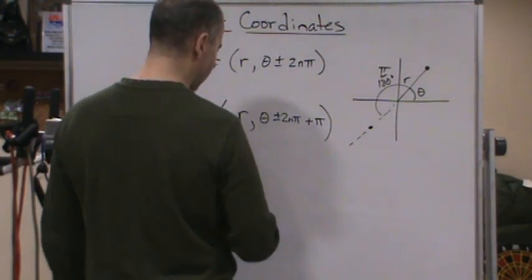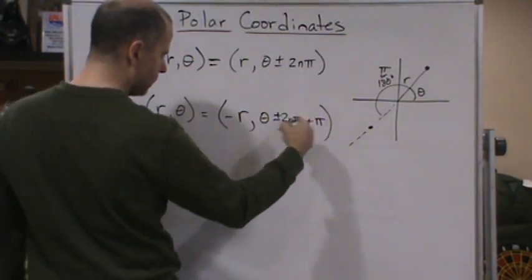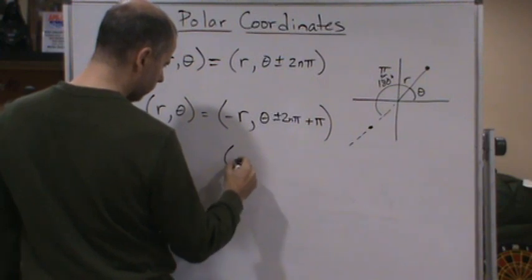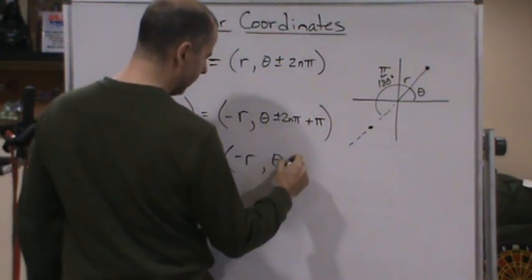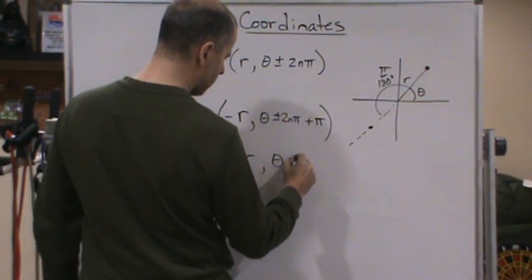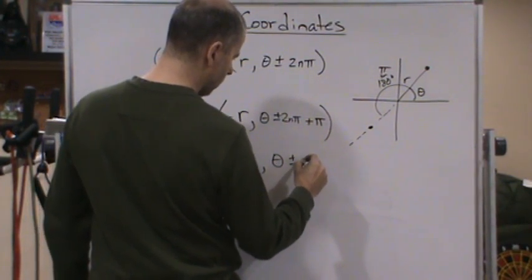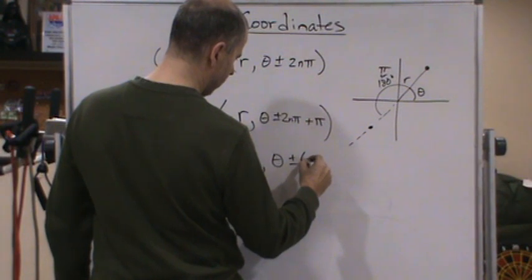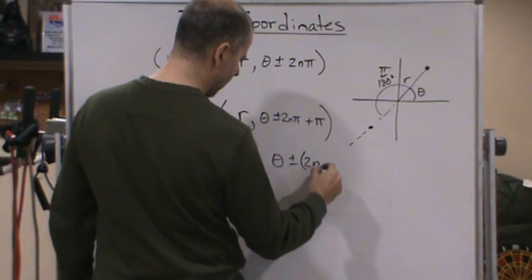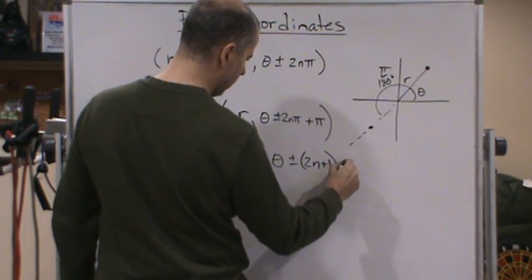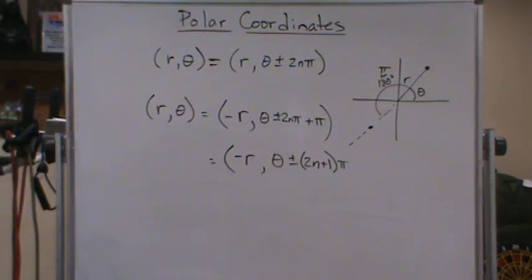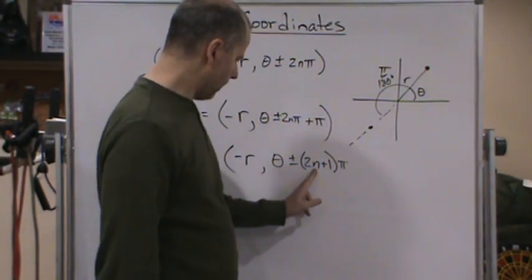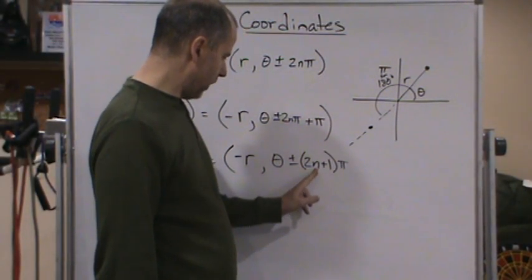So this will work. If I simplify this a little more, I can write this as equal to negative r comma theta plus or minus 2n plus 1 times pi. If n is 0, I get 1. If n is 1, I get 3.